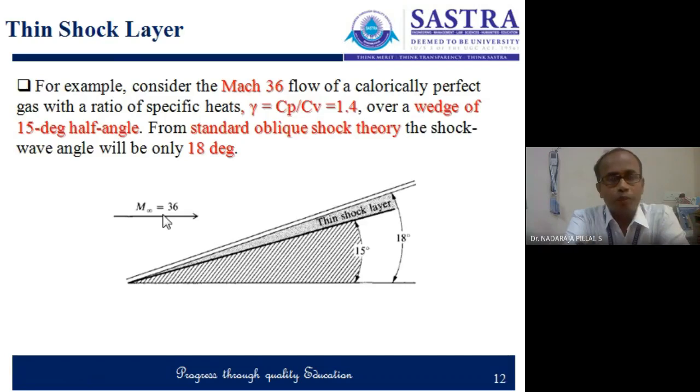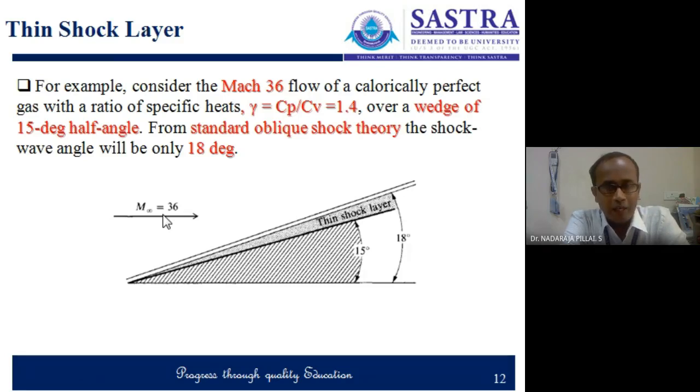So assume at Mach number 36, the flow is a calorically perfect gas with gamma equal to Cp by Cv, which is 1.4, over a wedge of 15-degree angle, right? And from the standard oblique shock theory, we can understand that beta, that is the shock angle, is 18 degrees, right?